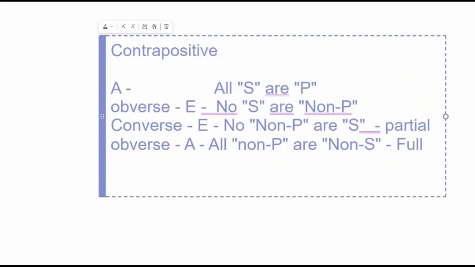So we started with A. I'll explain again. We started with A, which is all S are P. We did an obverse of that. Obverse of A is E, E proposition. E stands for no, starts with no. And in an obverse, we have to keep the subject and the predicate where they are, and also negate the predicate with its complement.